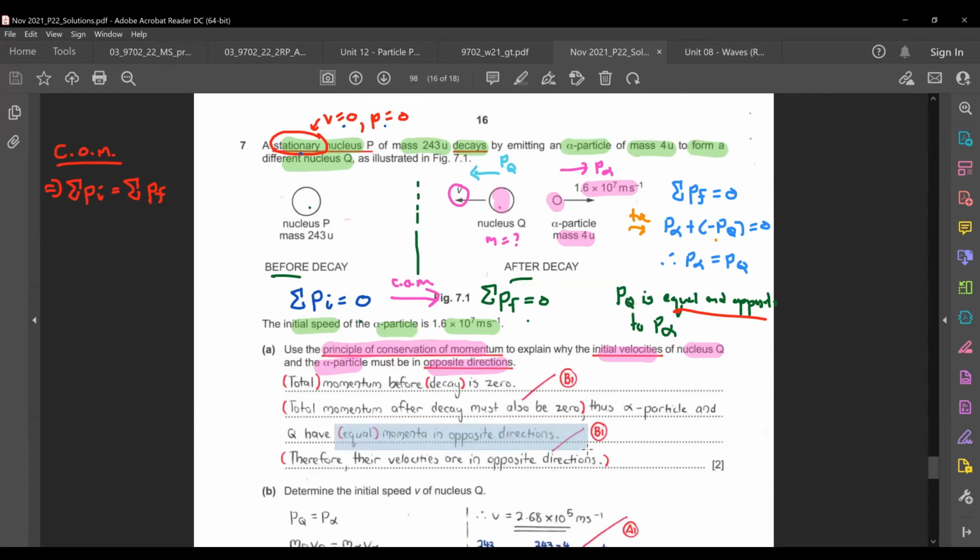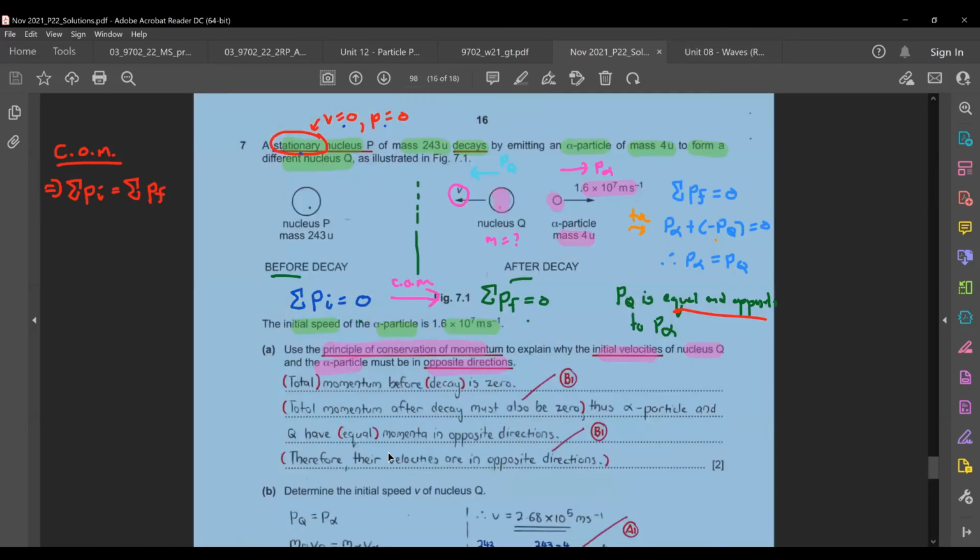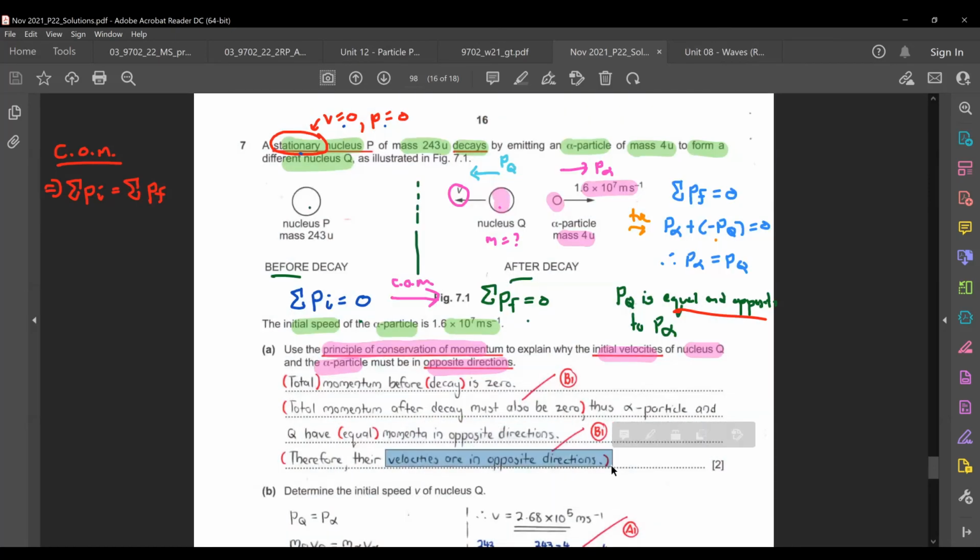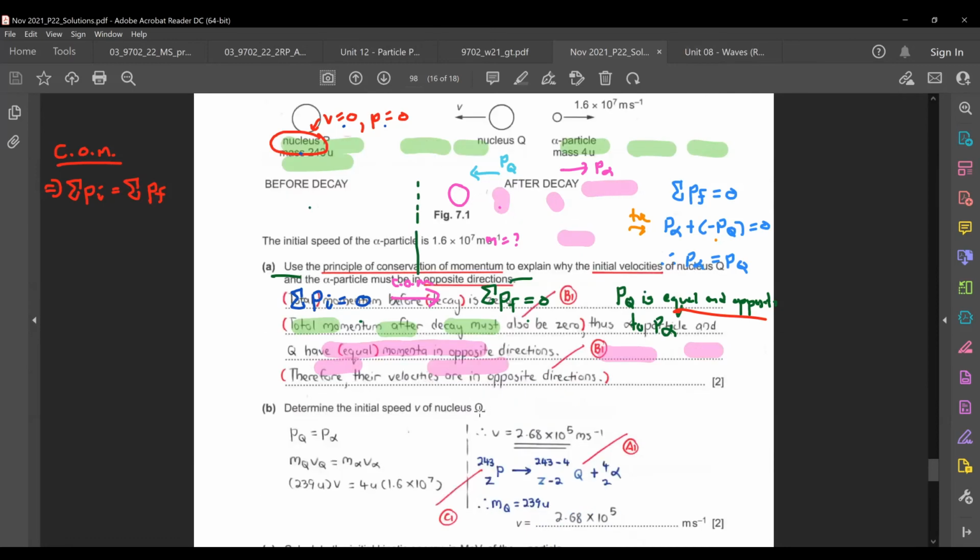Now it's because they have momentum in opposite directions in the first place that your velocities will be in opposite directions. That was the conclusion here. Okay, so that one is okay. This is conservation of momentum.